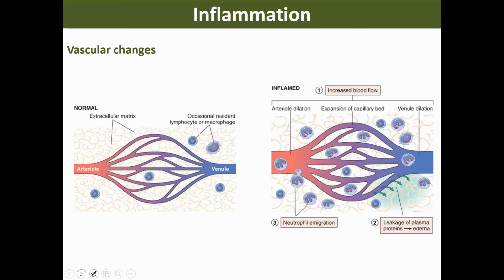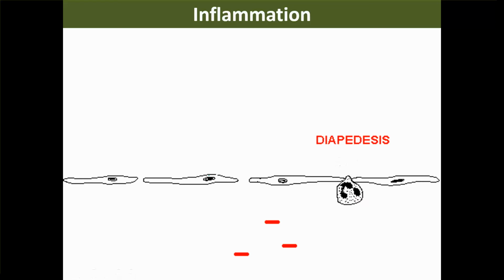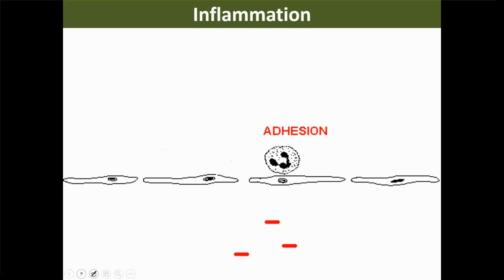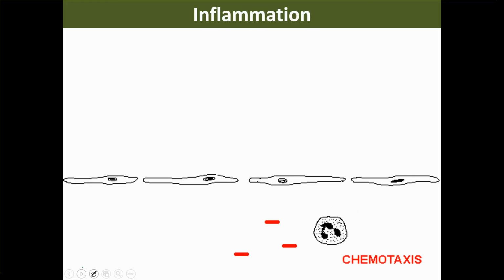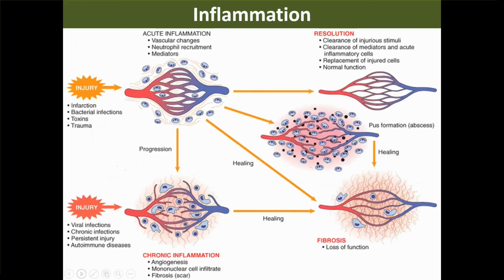This is the vascular changes picture, and this is what happens. Once the cell attaches to the endothelium, it comes out and phagocytoses and kills the mycobacterium, and they also die. So in acute inflammation, with the vascular change and neutrophils coming out, the mediators involved are histamine, TNF, IL-1 and prostaglandins.